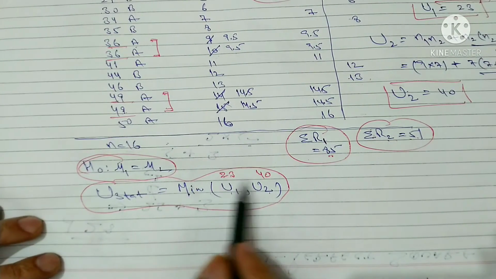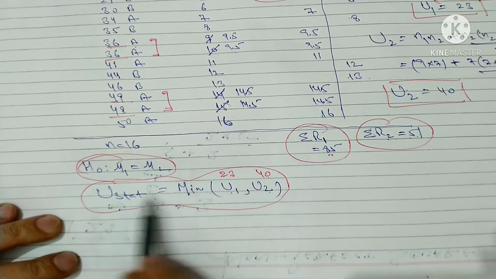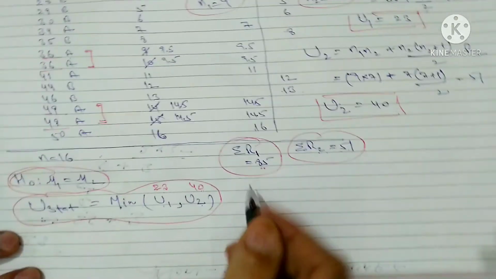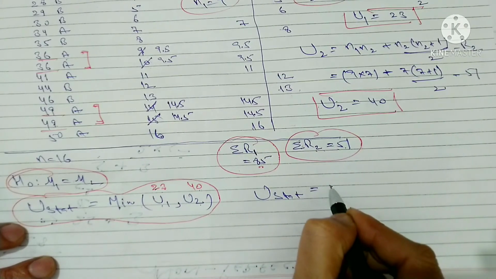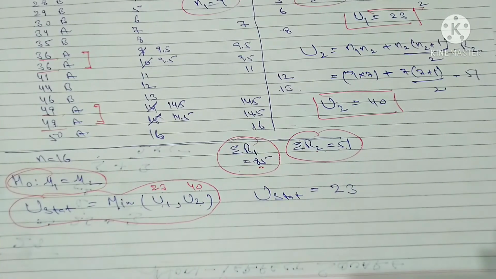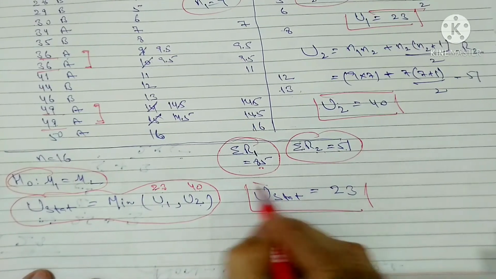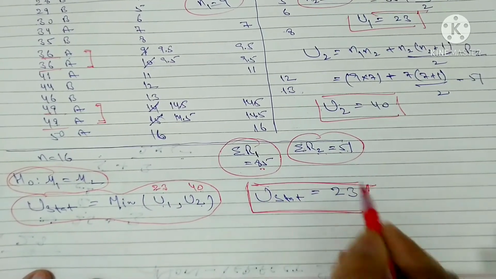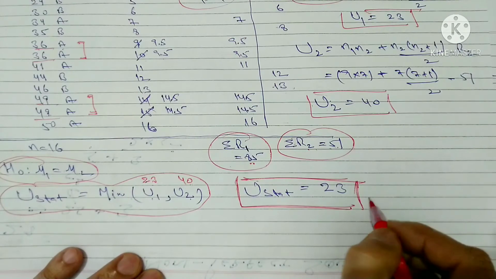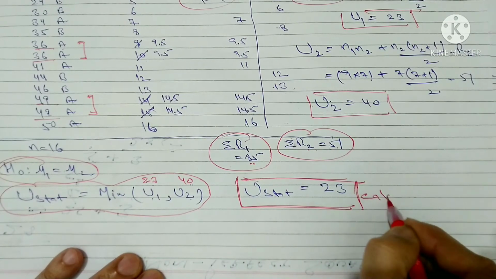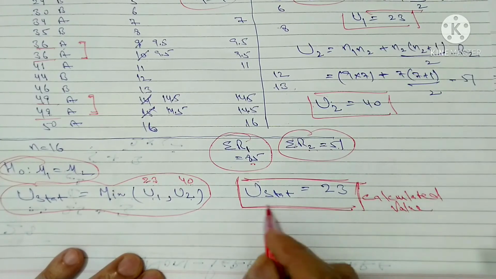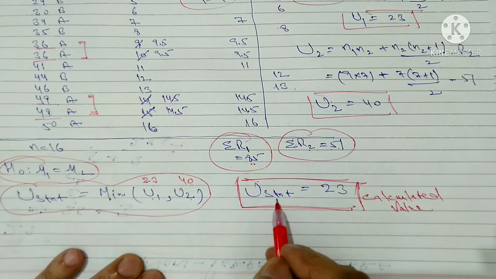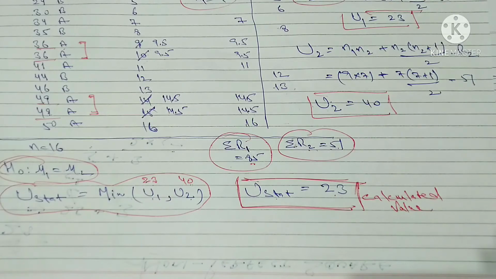So the minimum of 23 and 40 is 23. Therefore the calculated value of the U stat, meaning the Mann-Whitney U test, is 23.